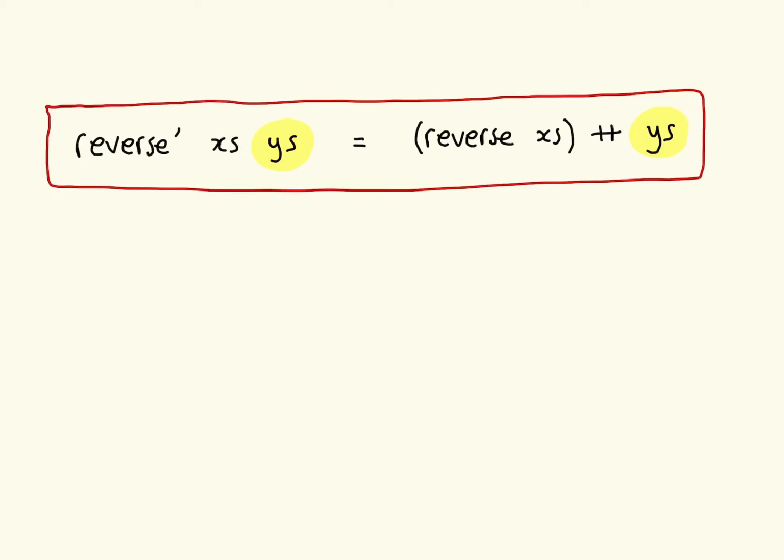If you append an empty list onto any list, you just get back the original list. So if we pass in a list x's and the empty list, the effect is just reversing the list, because appending the empty list afterwards doesn't do anything.